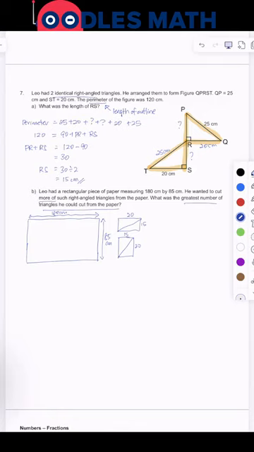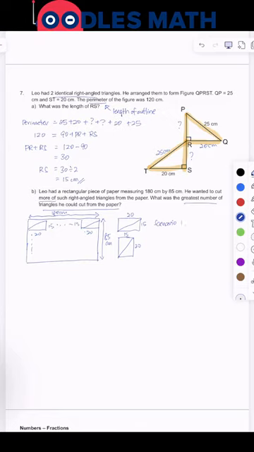So there are two possible scenarios. Scenario 1 is when I put the rectangles in this way. Basically it looks like that. So I have 20, 15, 20 and 15 here. I don't know how many I can put along the length and along the breadth. So this will be scenario 1.